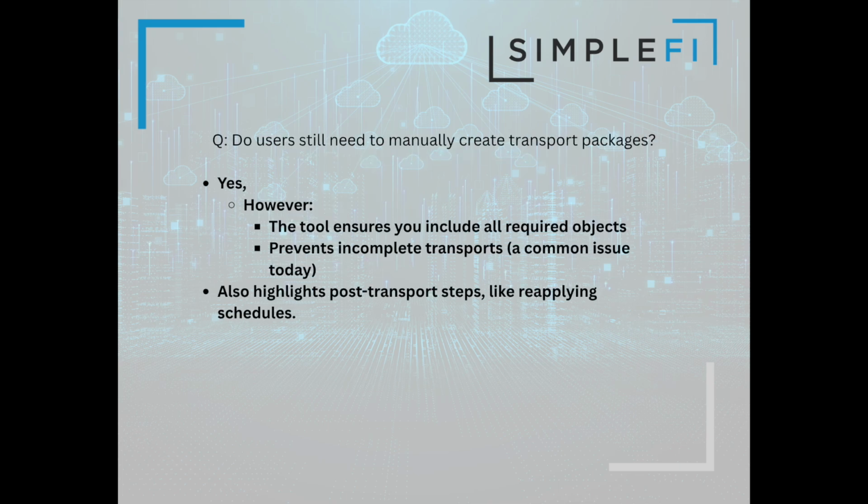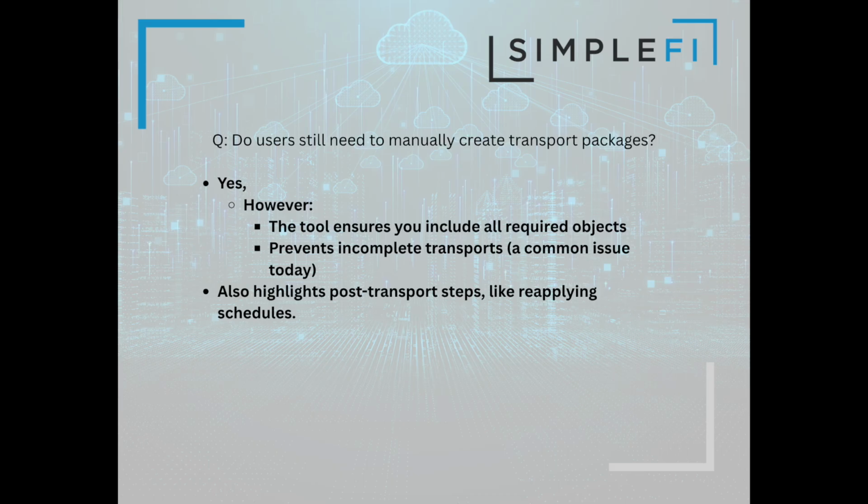So we have to generate the transport as we have been doing. Yes, so you still build the transport yourself, but you have the confidence that you are moving the right objects. I'll give you a perfect example.